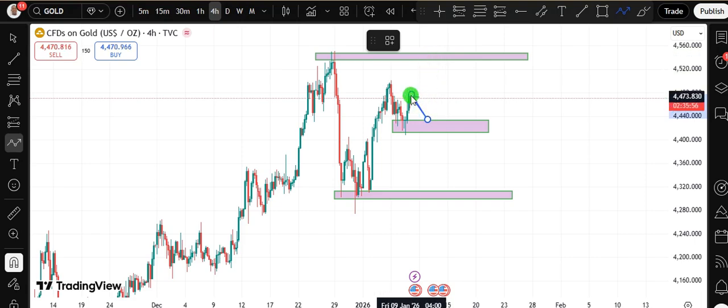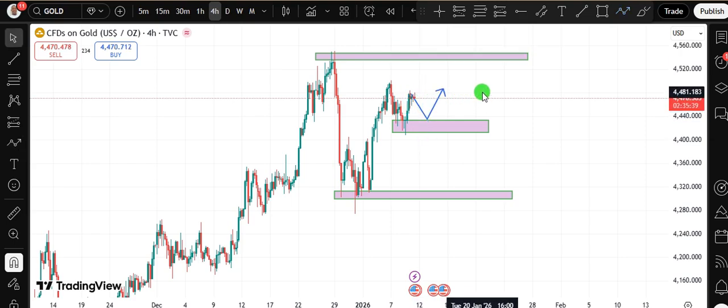Therefore, for the NFP, we expect a move straight into this level. We just expect maybe a move to retest this level, then rejection to the bearish side. Overall, I'm still very, very much bearish on my gold. For NFP alone, I'm looking forward to a bearish trade, and the same applies to the pound dollar and BTCUSD. That's it.